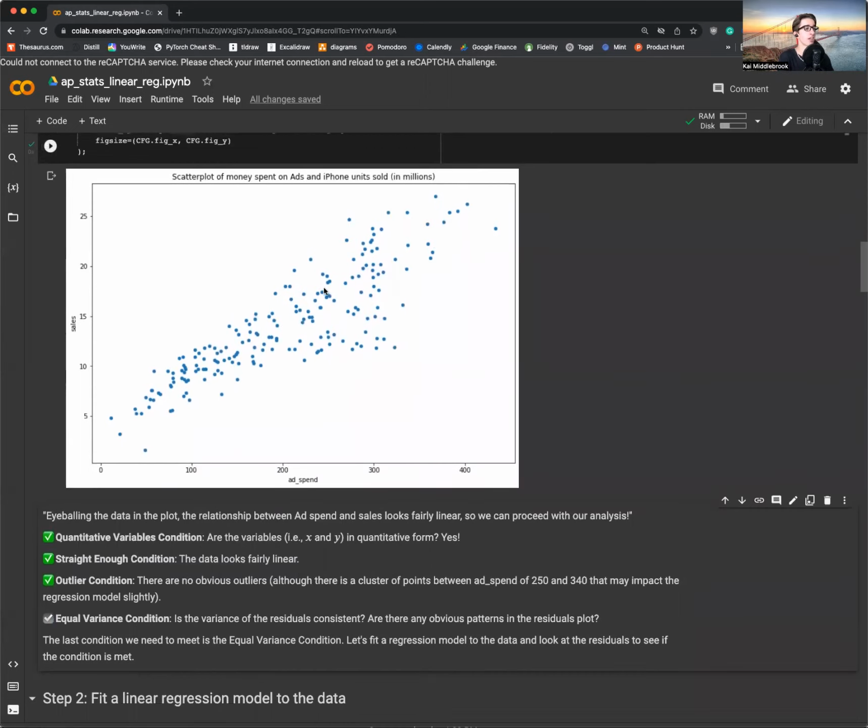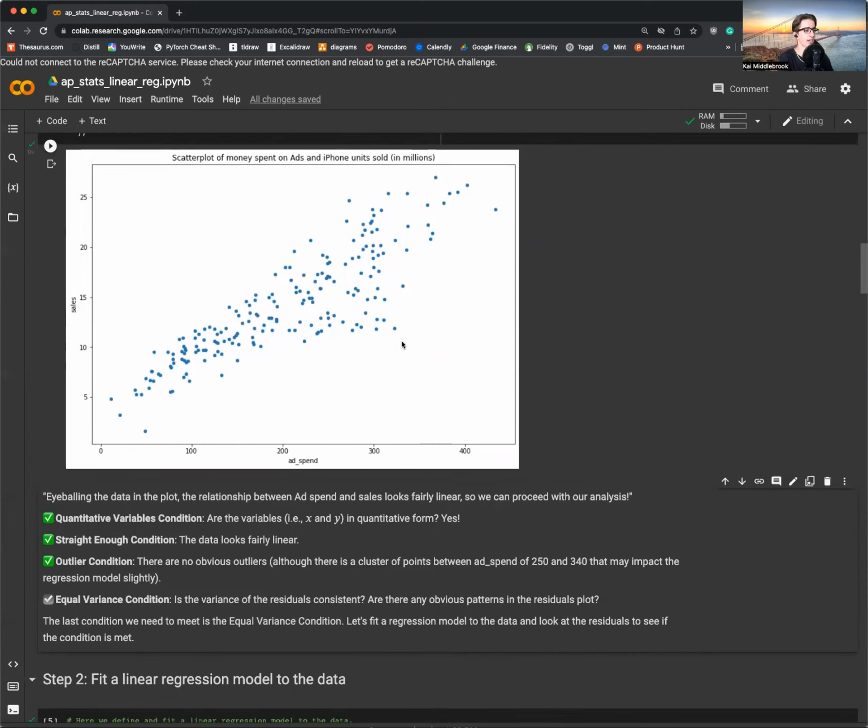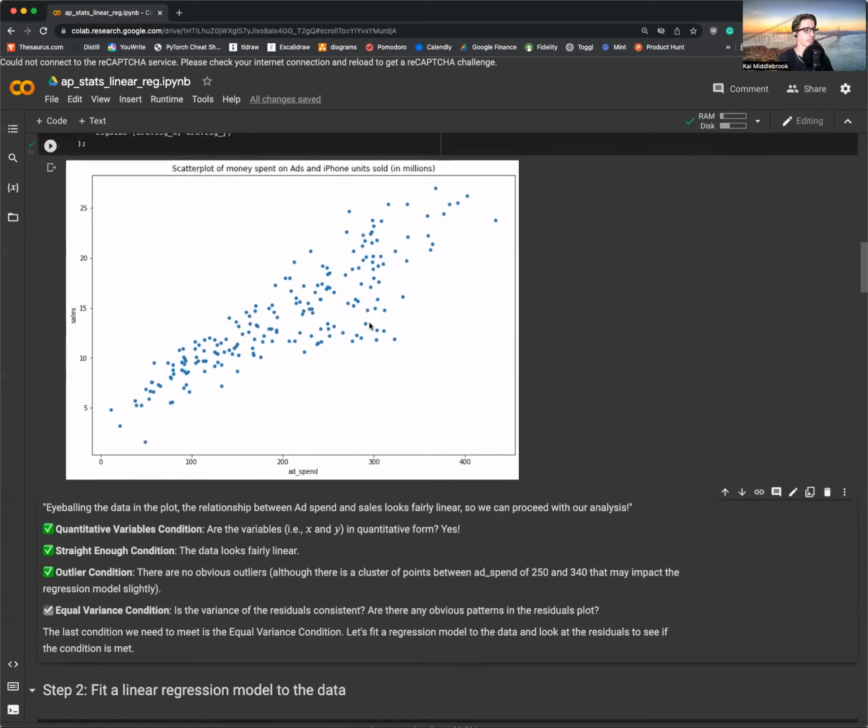Now for the outlier condition, I see that there is a cluster between 240 and 350 almost, it looks like, that kind of pulls this down. So it might pull our mean down for Y a little bit, but it doesn't look too bad. I feel confident that this is okay.